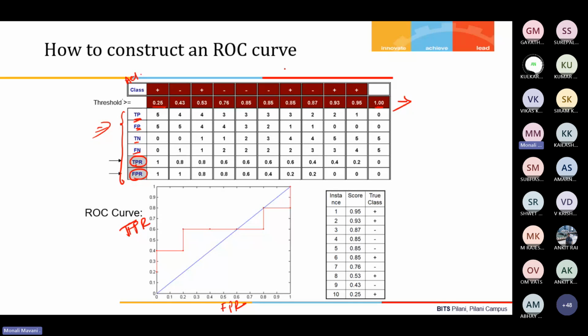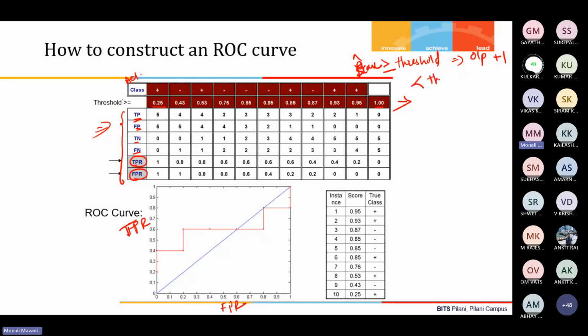First, for example, we are taking the threshold as 0.25. So it says that if the prediction, or I can say the score, is greater than or equal to the threshold, then the output is a positive class.